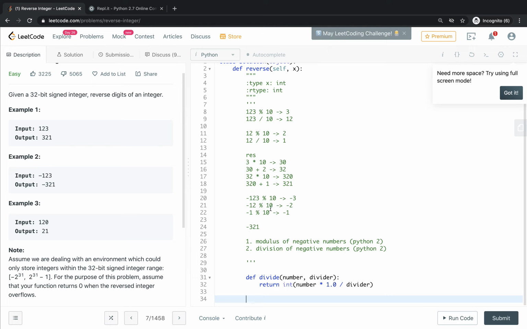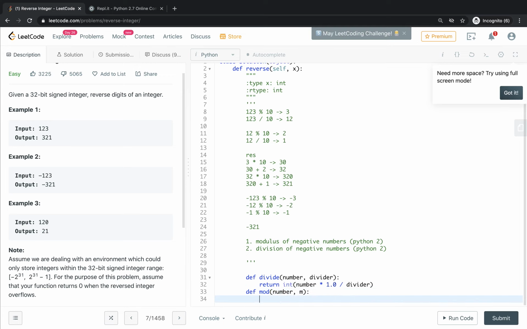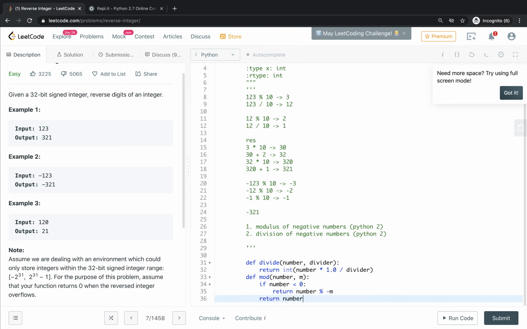So I'll write a modulus function. Mod equals number, m, and if number is less than 0, so if it's negative, then we'll return number mod negative m. Otherwise, return number mod m.